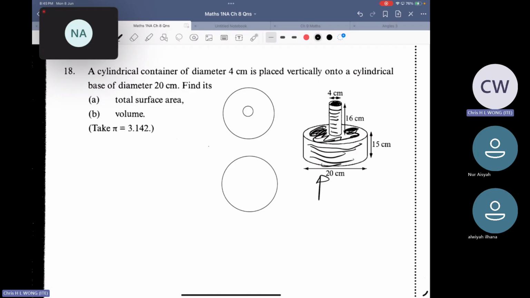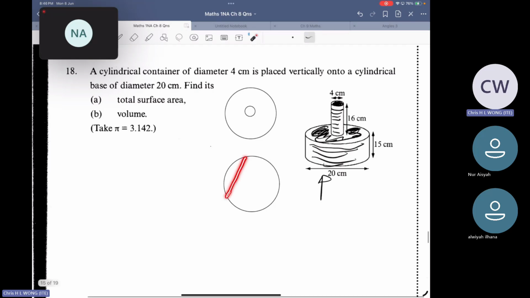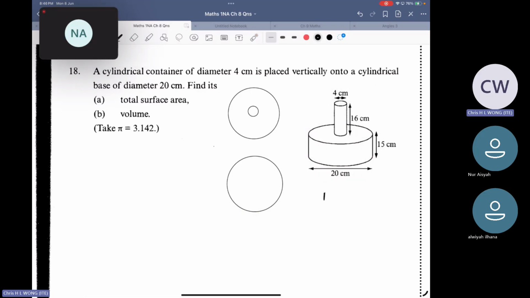Look from the bottom, one circle. All you need to do is find the total area of one circle times 2. You get the total area of the top, isn't it? So by doing this, you are actually finding here, here, here, and the bottom, of course. So I just want to find one, times 2.